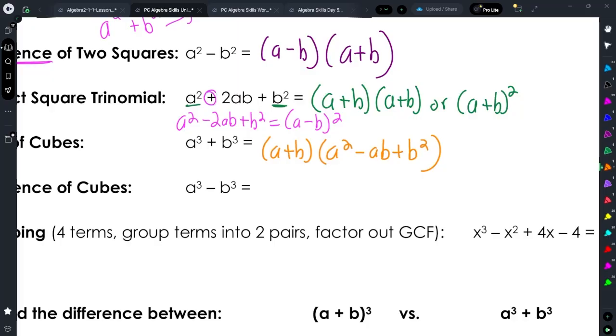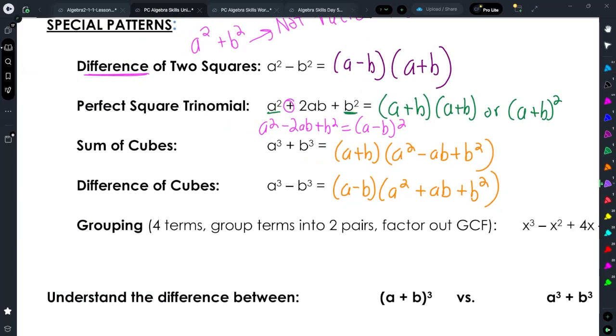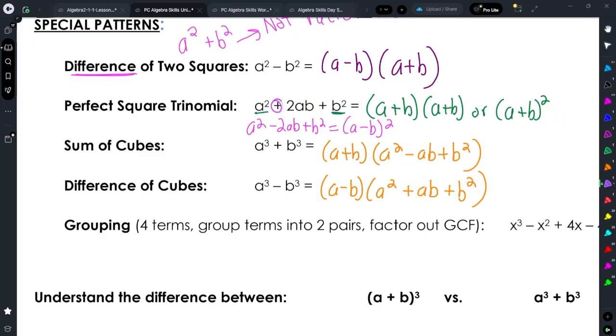And the difference of cubes, if it's a minus b, then we have a minus b times a squared plus ab plus b squared. So the last term is always b squared right here. The first one always matches what we started with, and the middle one is the opposite of what we started with. So those are the shortcuts for sum and difference of cubes.